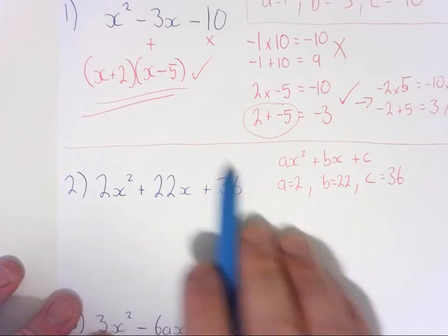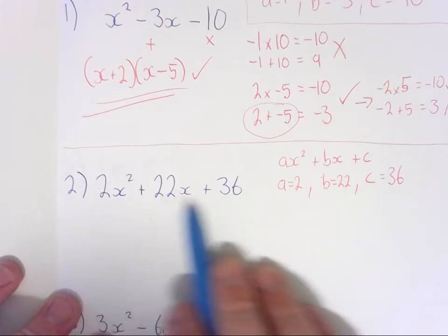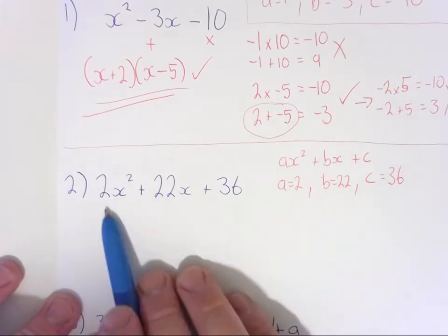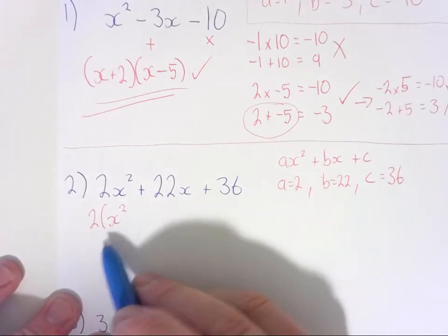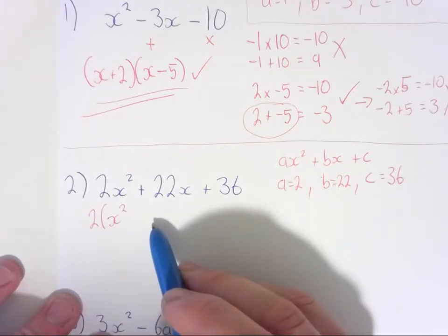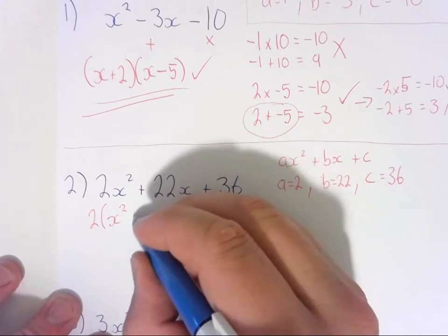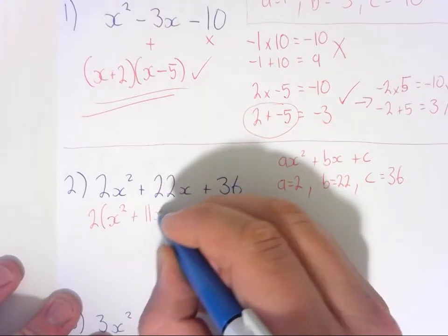What I can do is factorise my whole expression by a factor of 2, because these are all even numbers. So I have 2 times what equals 2x squared? That's going to be x squared. If I expand it out, 2 times what is going to give me 22x? That's going to be plus 11x.